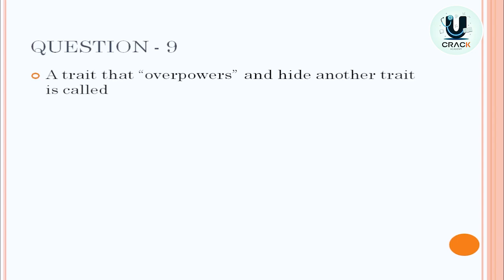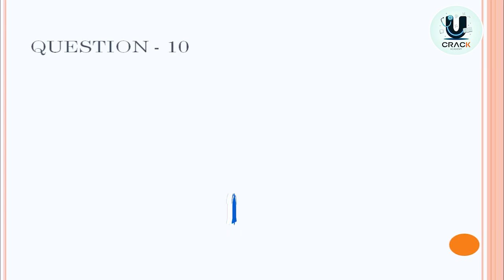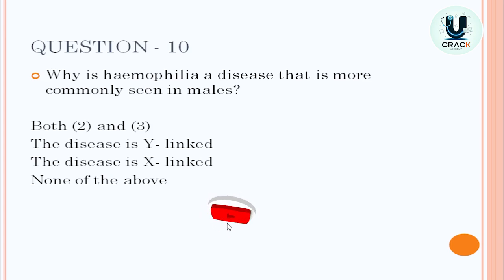Question number 9. A trait that overpowers and hides another trait is called: overpowering trait, complex trait, recessive trait, dominant trait. Answer: dominant trait. Question number 10. Why is hemophilia a disease that is more commonly seen in males? Both 2 and 3, the disease is Y-linked, the disease is X-linked, none of the above.